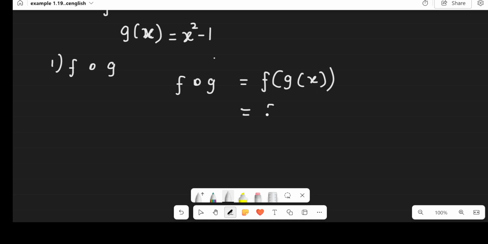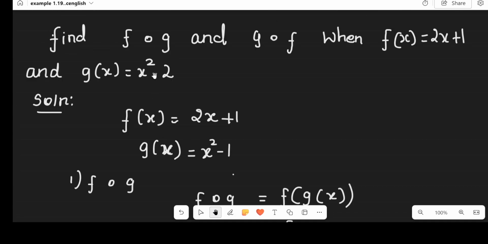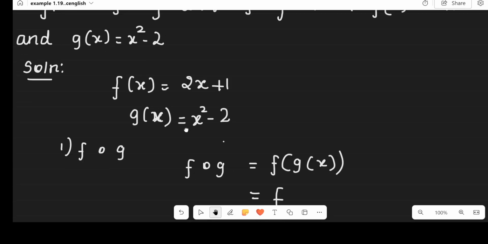G of x value is x square minus 2, not 1. That is given in the question. The same thing will be coming here.